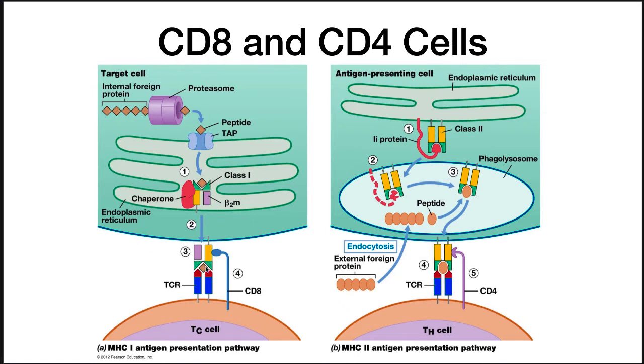If, on the other hand, this is a non-self protein that the T cell receptor recognizes, it will activate the T cell. Antigen-presenting cells, again B cells, macrophages, and dendritic cells, process antigen and present it in MHC class II molecules. This is presented to CD4 plus cells that then go on and regulate the rest of the immune system.